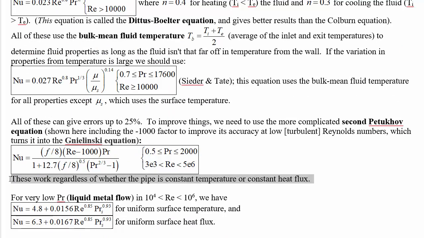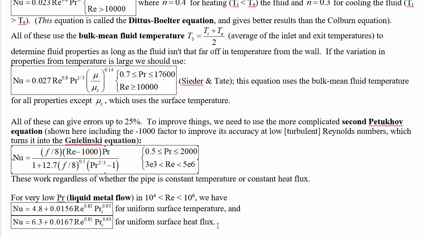So first off, these also only work down to a certain amount of Prandtl number. At extremely low Prandtl numbers, like you can have in liquid metal flow, then there's some additional special formulas here. So this is a situation where the thermal boundary layer can actually outpace the mixing from turbulence, and you can have different kinds of heat transfer going on.